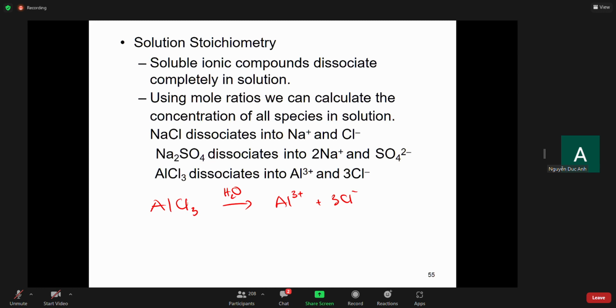So let's consider what solution stoichiometry is. Stoichiometry is the ratio of the components inside the molecule. For example, in this one, the stoichiometry between aluminum and chloride is 1:3.